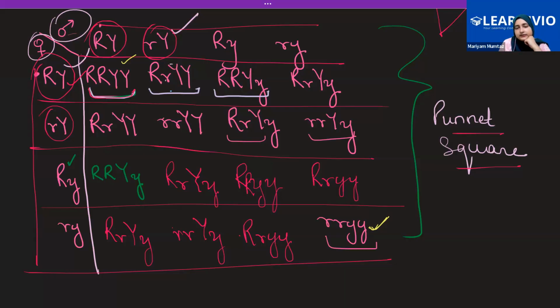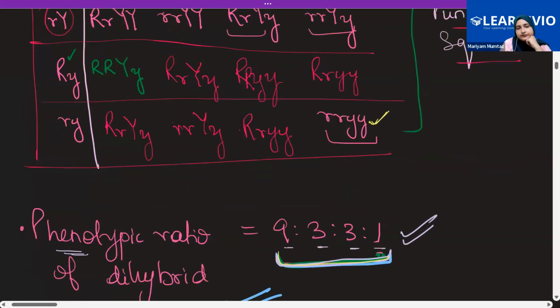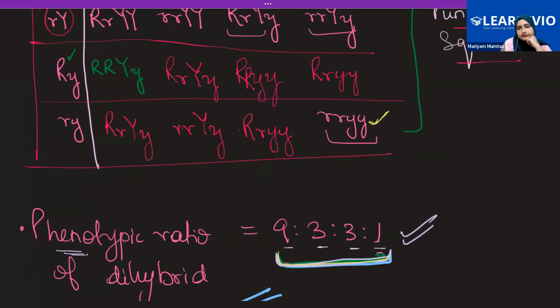Very good. Next? Round yellow. Next? Wrinkled yellow. Next? Round yellow. Next? Round green. Very good. Round green. Round yellow. Wrinkled yellow. Round and green.